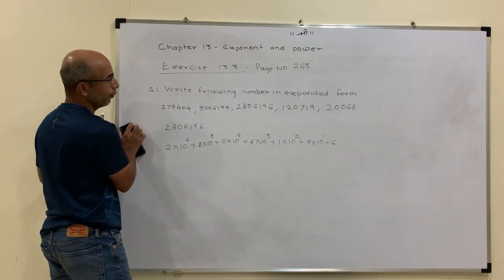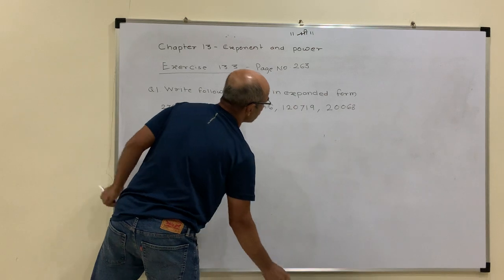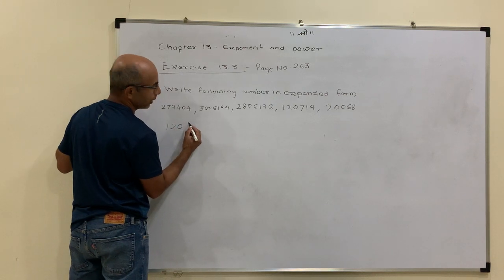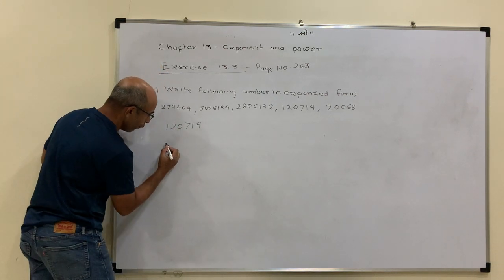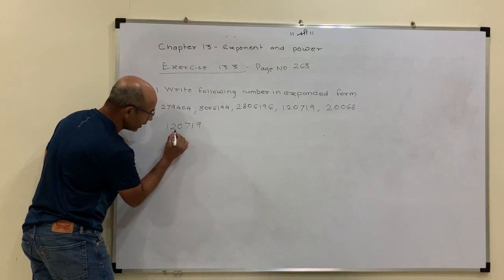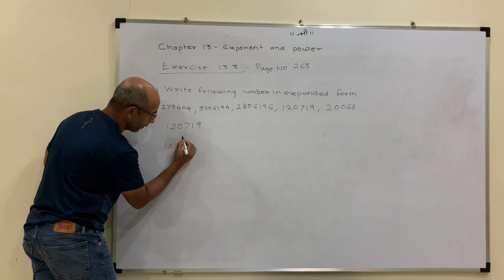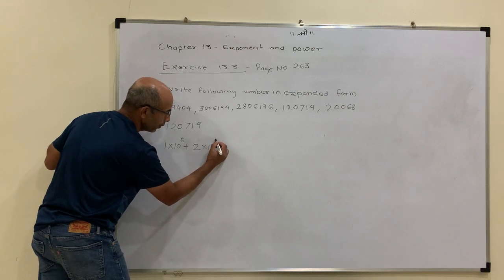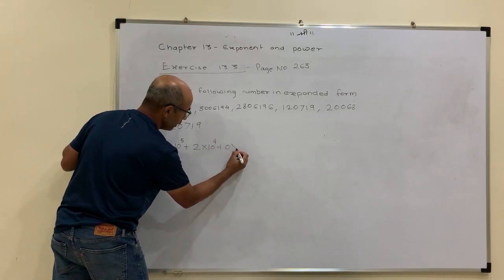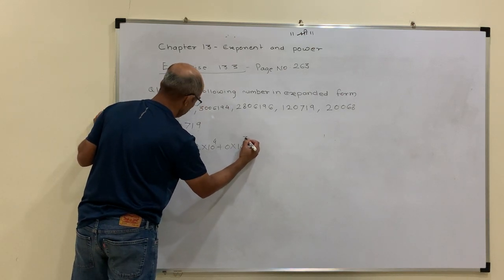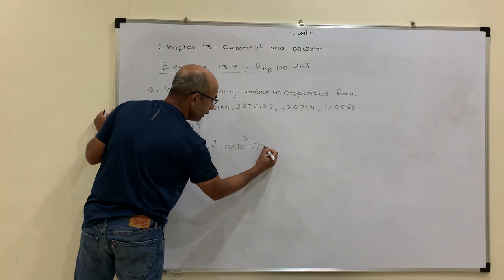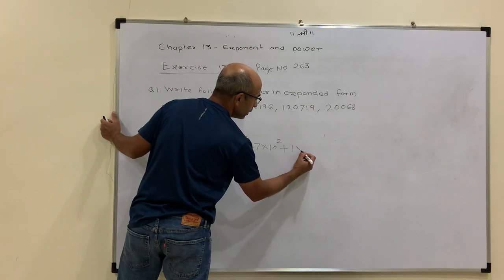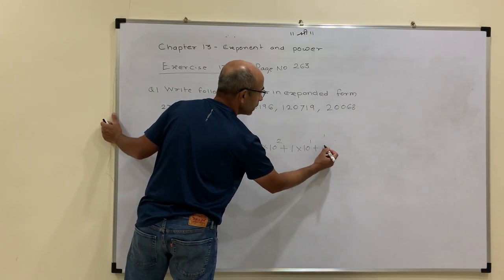The fourth one is 120790. So 1 into 10 raised to 5, plus 2 into 10 raised to 4, plus 0 into 10 raised to 3, plus 7 into 10 square, plus 1 into 10 raised to 1, plus 9.